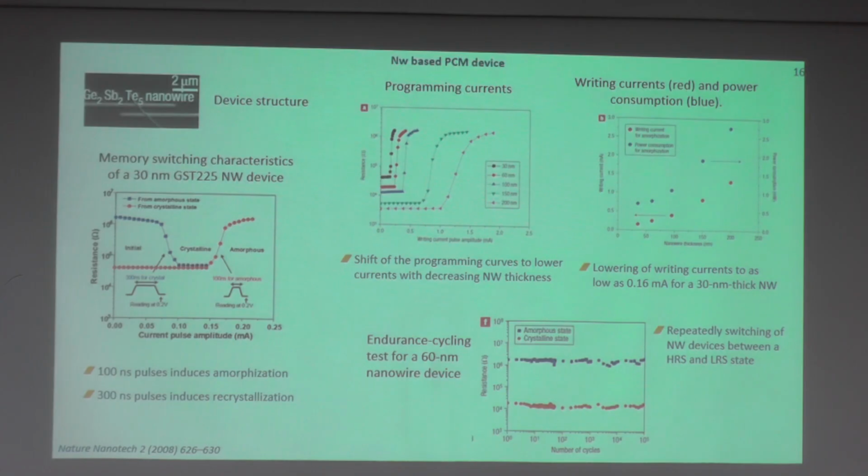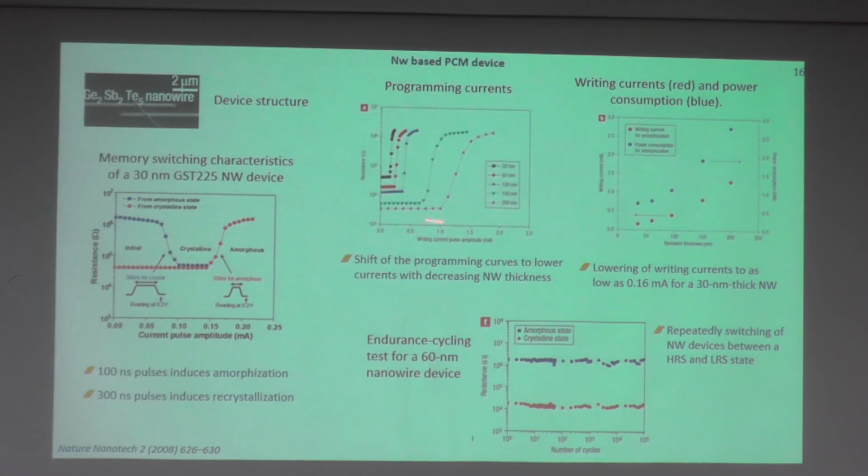So here what we can see first is that 100 nanosecond pulses can induce amorphization, and 300 nanosecond pulses can induce recrystallization. The pulse length is a little bit longer compared to PCM devices and thin films, but if you think about it, it's a 30 nanometer nanowire device, and it's made in this geometry.